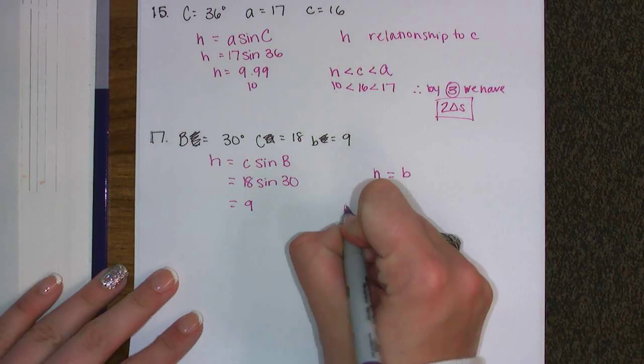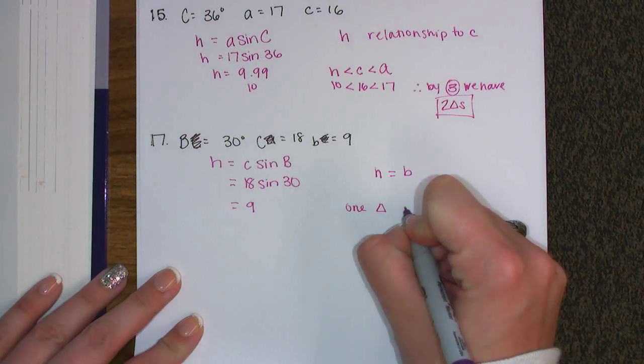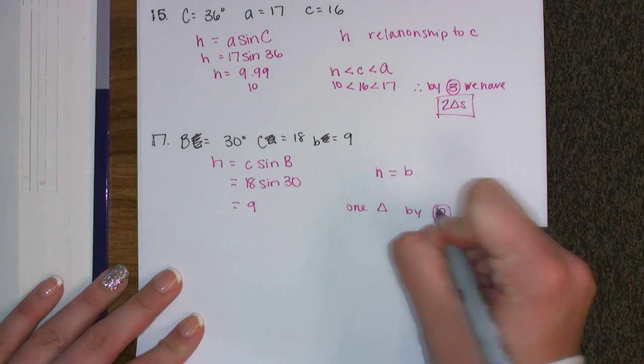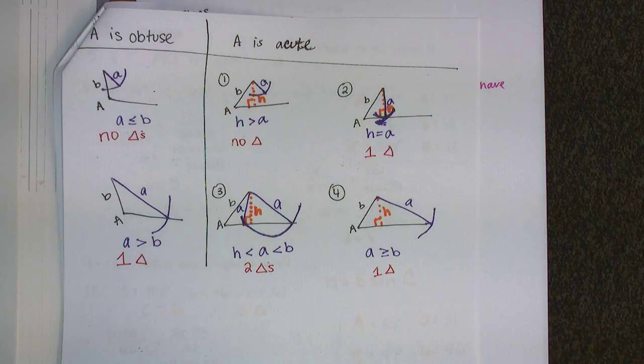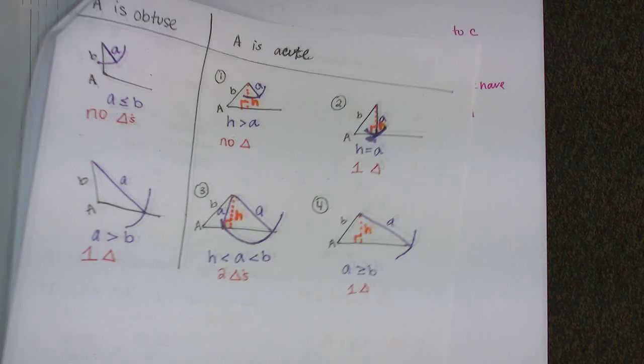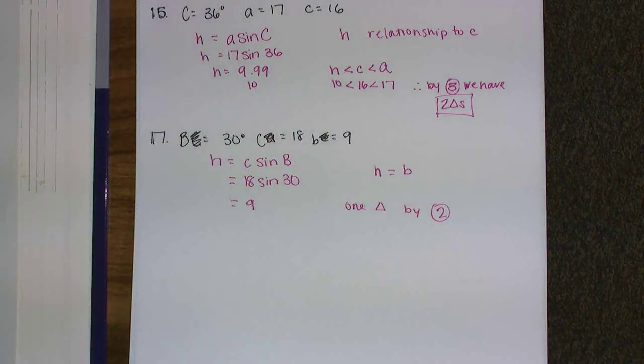This is in fact just one triangle by number 2. So I'm not entirely sure why the book says that there are 2 for that problem. There's really no indication there as to what's going on. So we're going to go with the fact that it is one triangle there and that is just simply a typo.